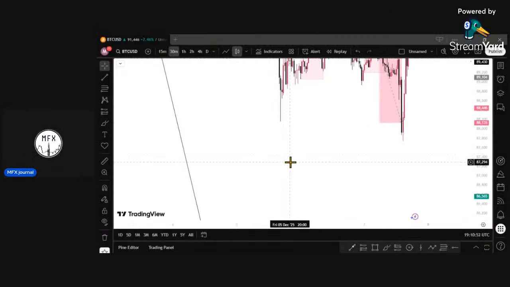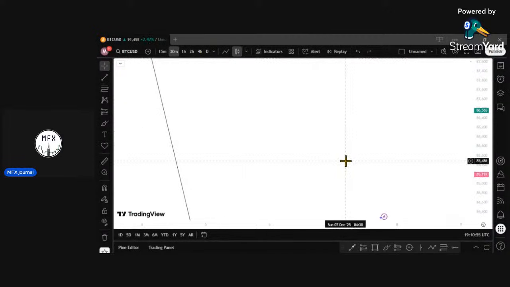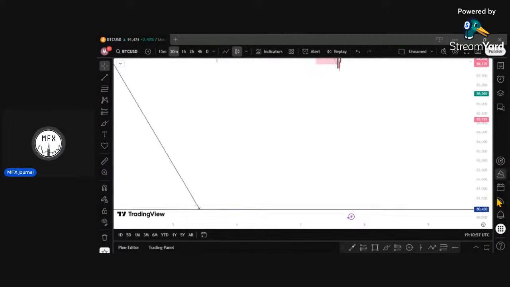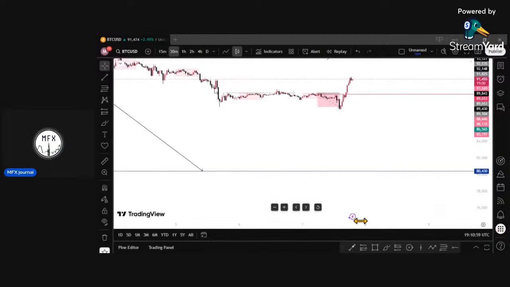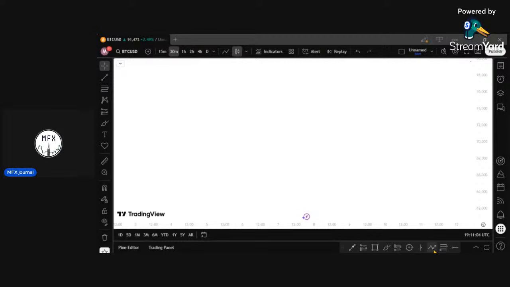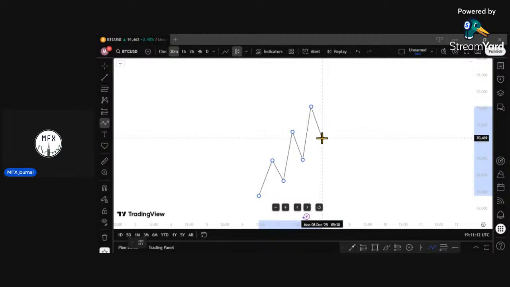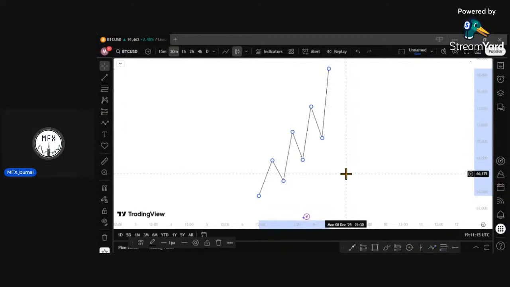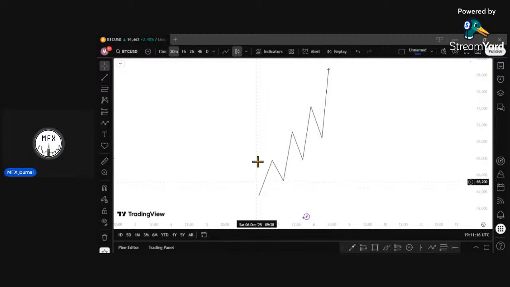So are we together? Price makes higher highs and higher lows if we are in a bullish trend. As simple as this is, do you know that this is a very vital key point in order for you to find your bias?